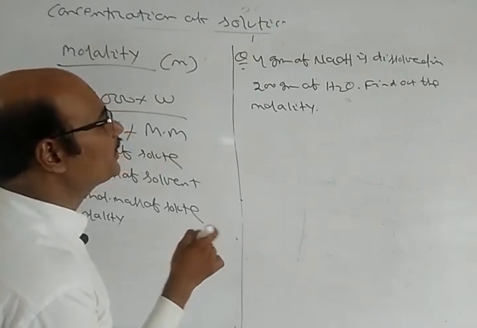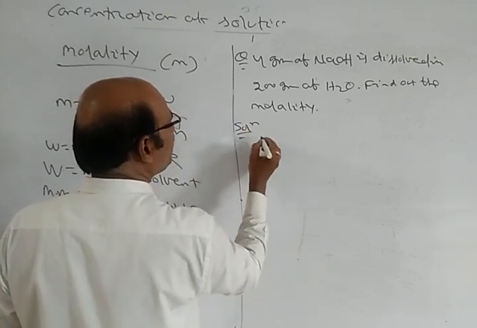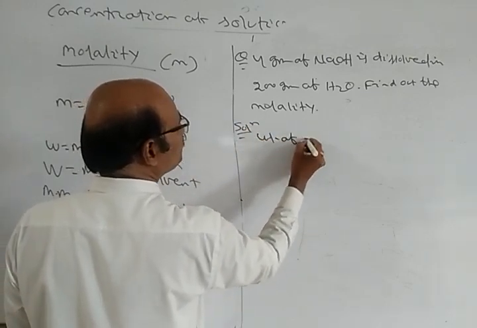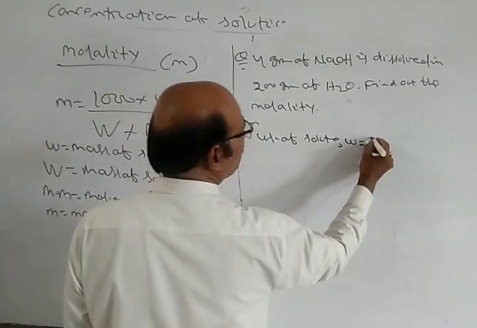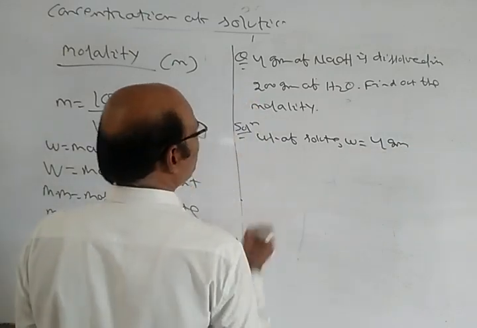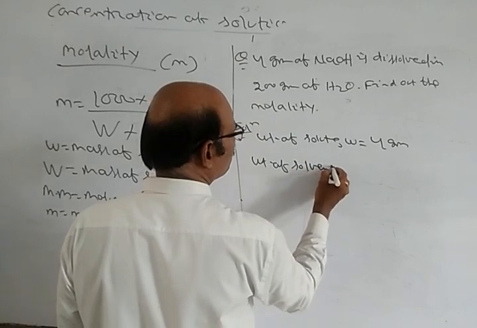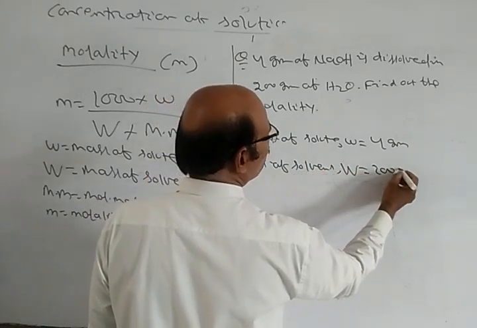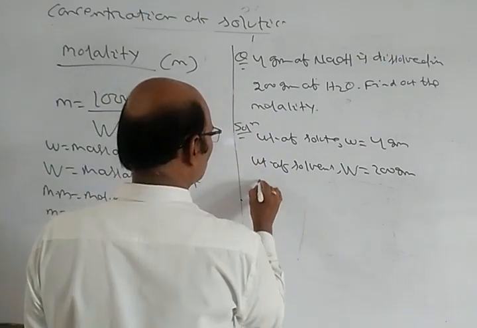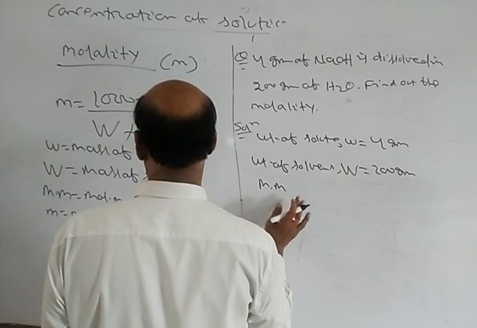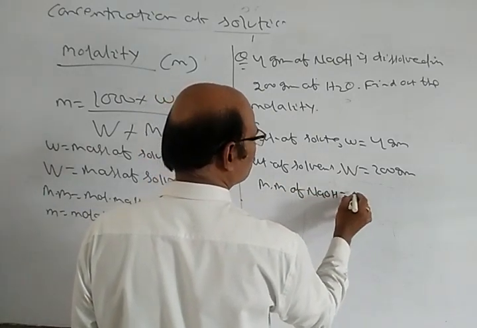Find out the molality. Weight of solute is 4 gram. Weight of solvent is 200 gram. Molecular mass of solute, NaOH, is 40.